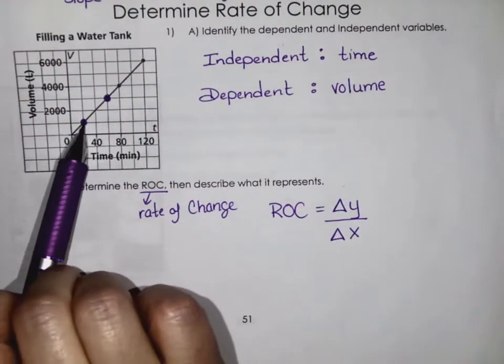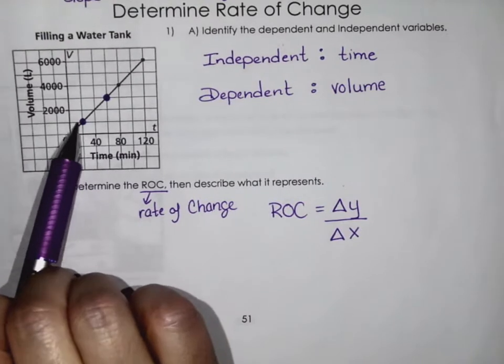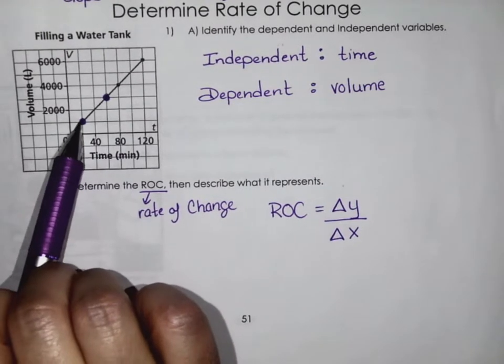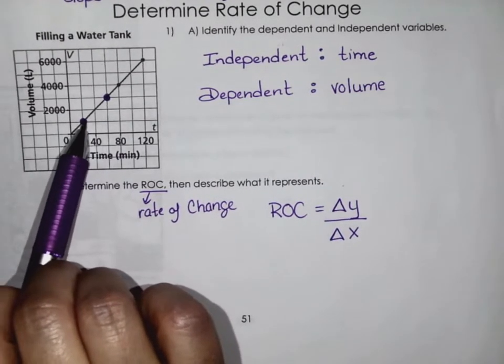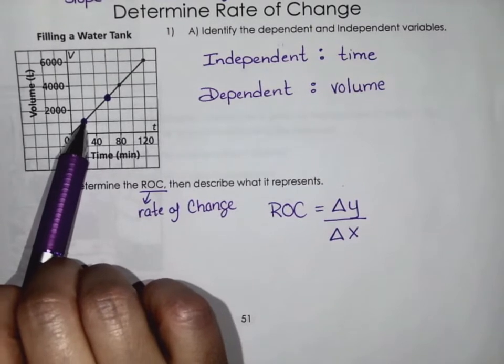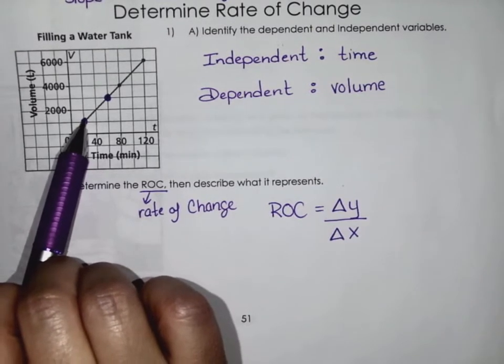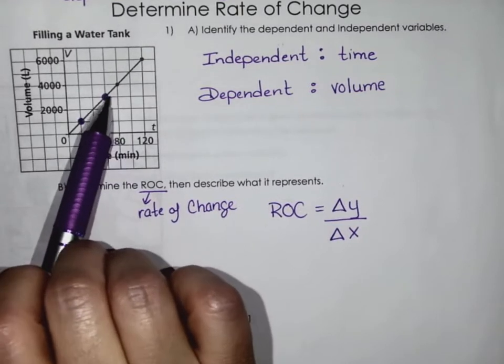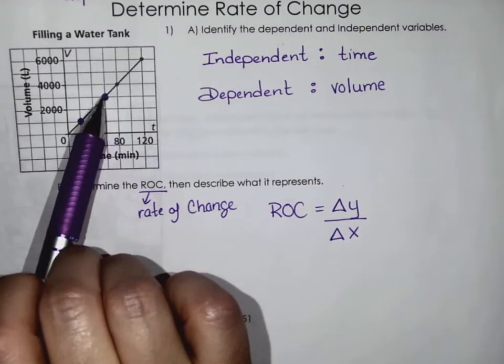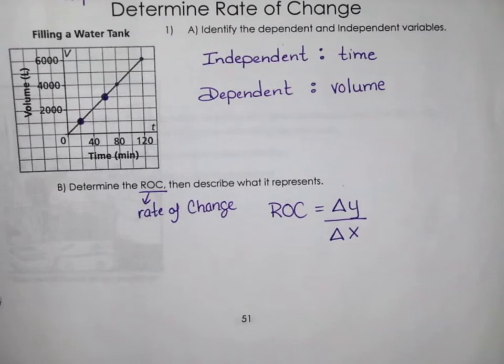If I start at this point, what's the height of this one? 1,000. And what's the height of the second one? 3,000. So how much did I travel up?